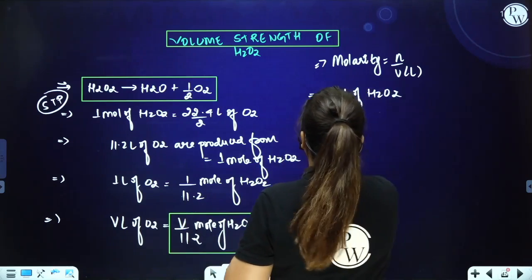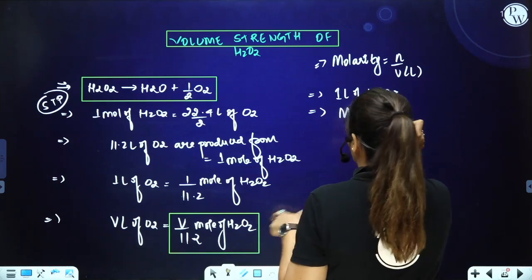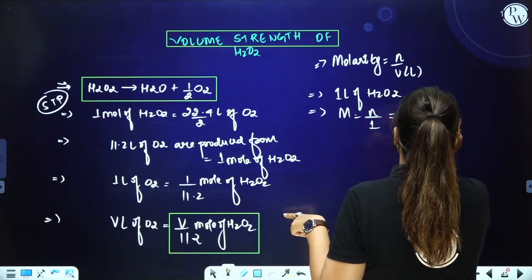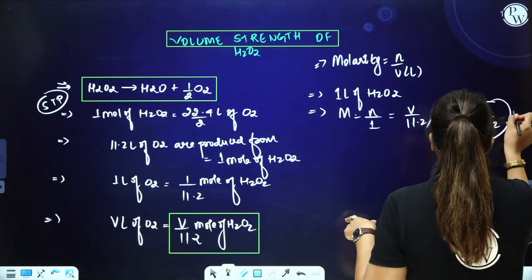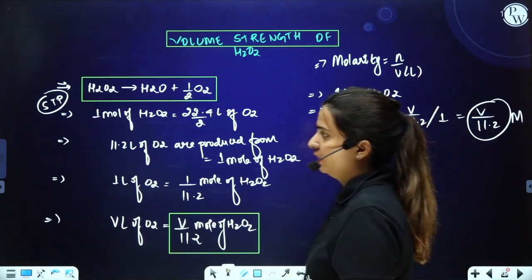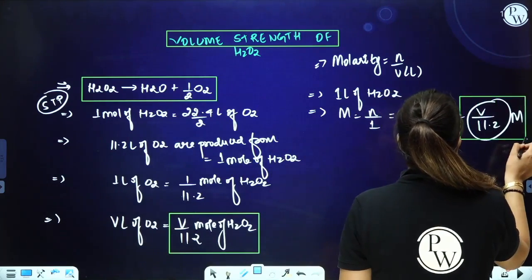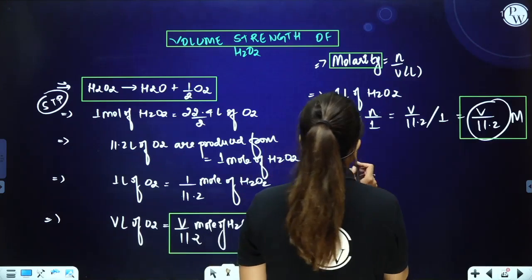So molarity over here will be number of moles divided by 1. And what are the number of moles? It is V divided by 11.2, divided by 1. So it will be V by 11.2 M, as mole per liter. So we have calculated the molarity.